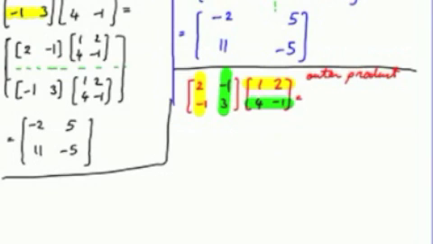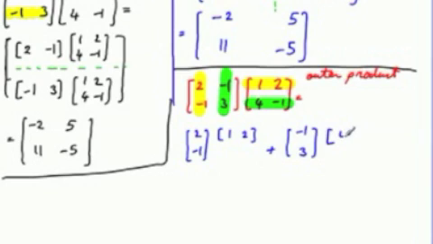So what we do is, we are going to have 2 minus 1 times 1, 2 plus minus 1, 3 times 4 minus 1. This is the outer product. How do you multiply it? We call this multiplication table style.